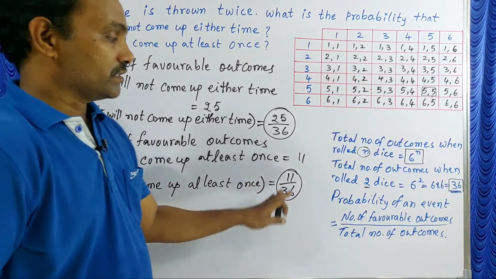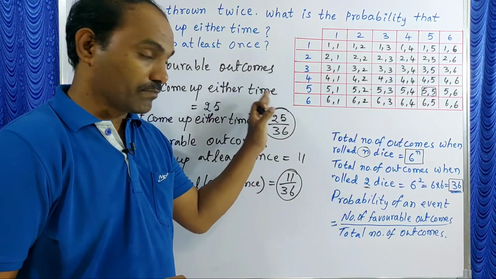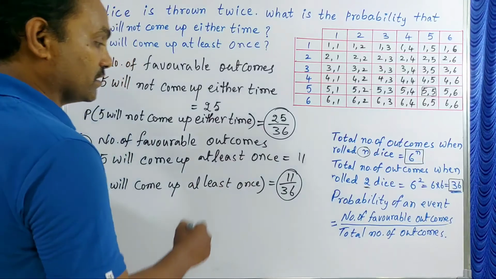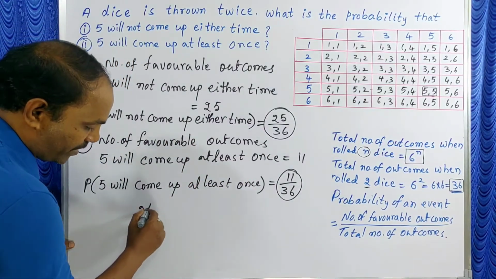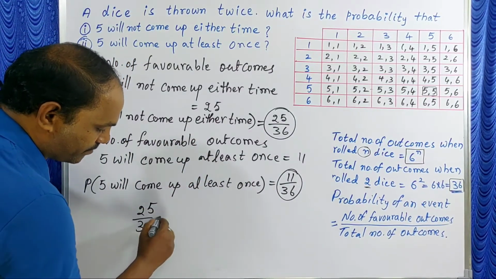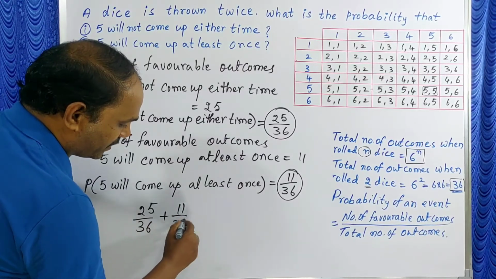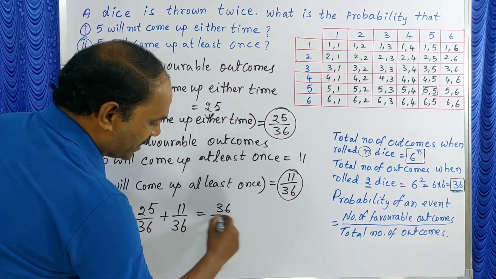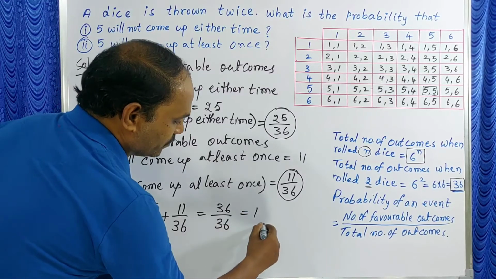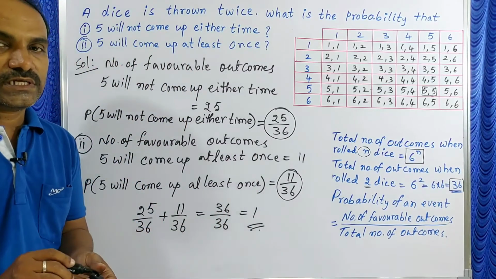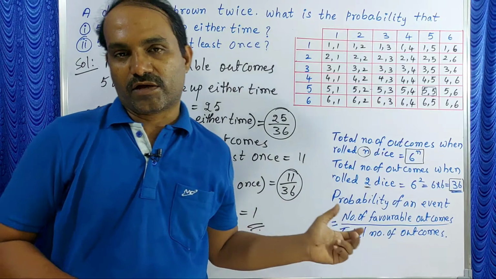Now, the sum of the probabilities: 25 by 36 plus 11 by 36, 36 by 36 is equal to 1. Is it understood?